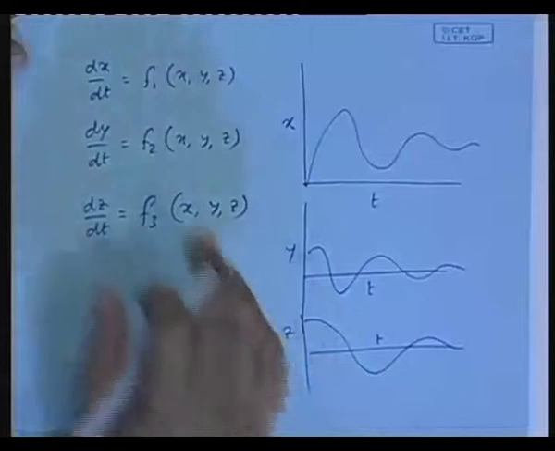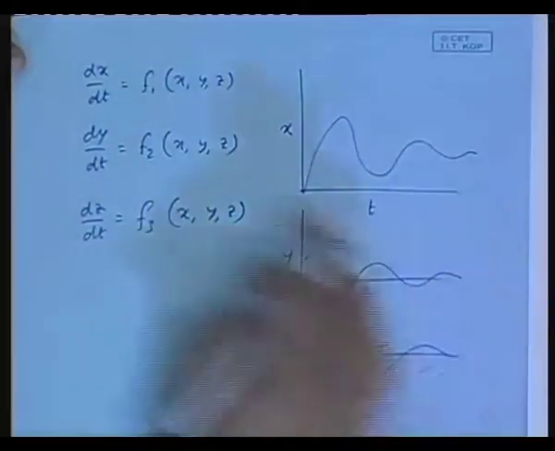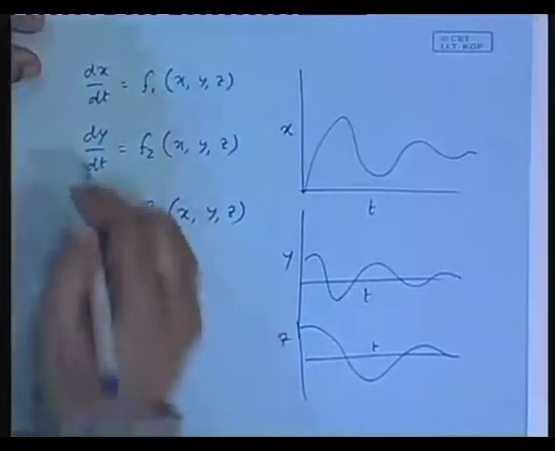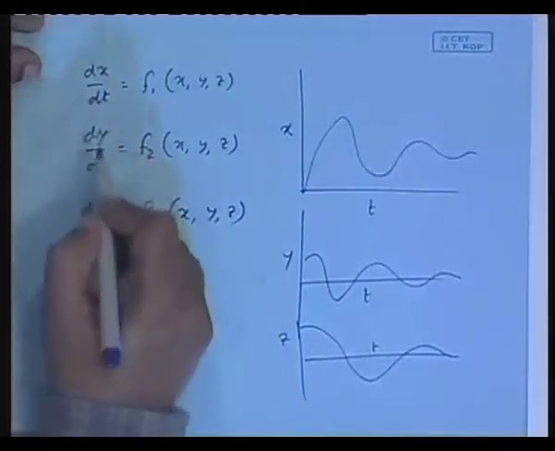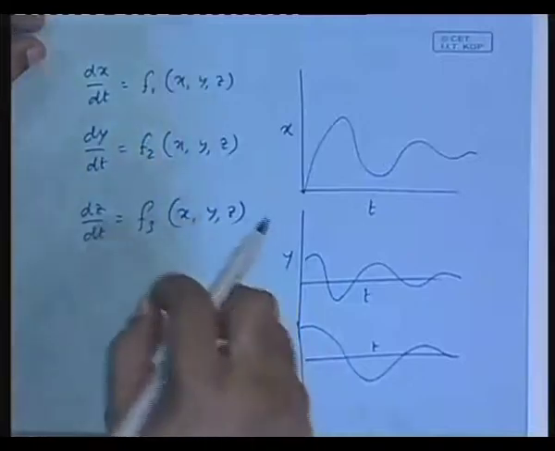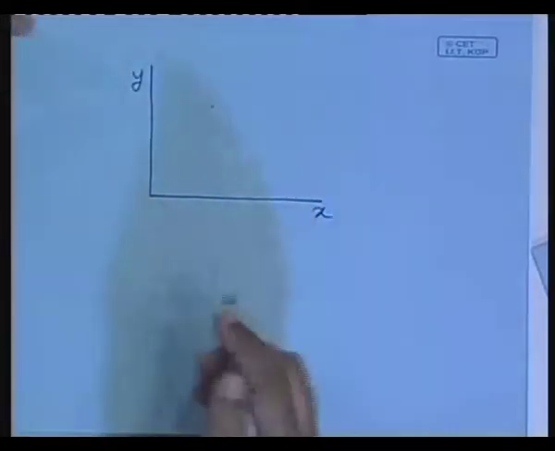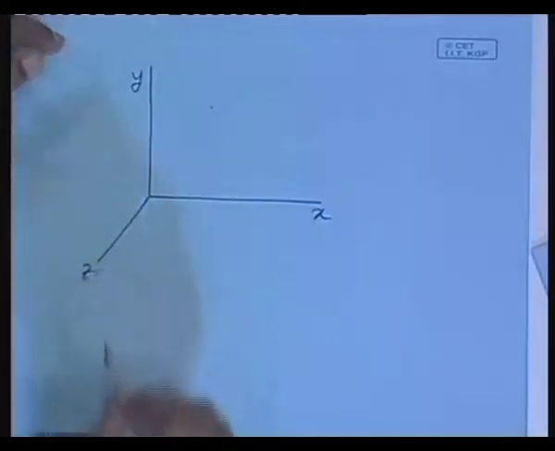Now, in that background, the differential equations give a meaning. What do the differential equations say? It says that if x, y, and z have a specific initial condition, say this, here I am talking about the x, y space, but nevertheless it could be x, y, z space.